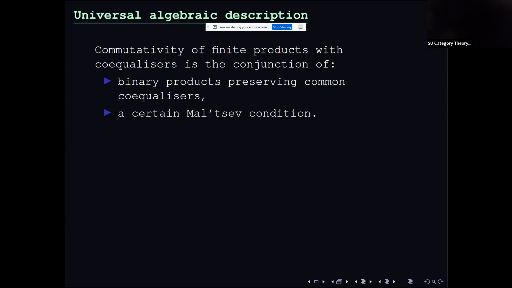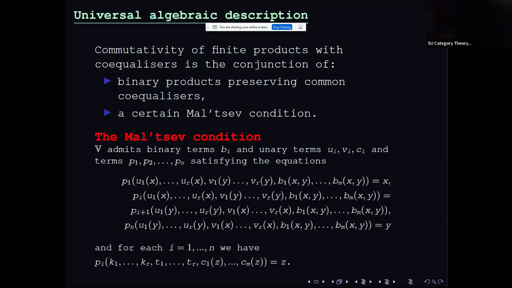Okay, so then just to talk about this universal algebraic description. The characterization is that a variety of universal algebras has that finite products commute with co-equalizers if and only if its binary products preserve co-equalizers, and then a certain Maltsev condition, a certain equational condition holds. This equational condition is a bit ugly, but here it is.